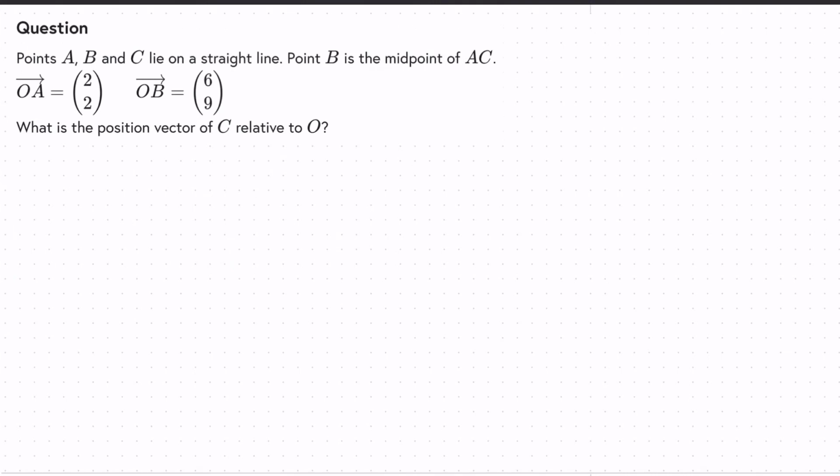In this next video, we're asked to find some new position vector based on some tricky pieces of information, or they're tricky if we don't draw them down first or think of them as points on a graph.